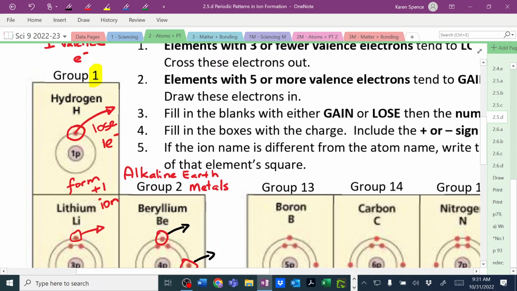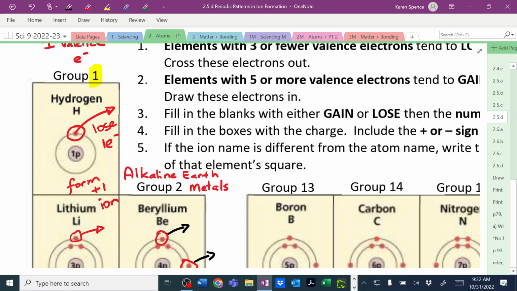You have 1 valence electron, so you lose that 1 valence electron, so you become positive, just +1. If I say, what is the charge of a calcium ion? You can say calcium is in group 2. It has 2 valence electrons, which it is going to lose, and it becomes 2 positive.